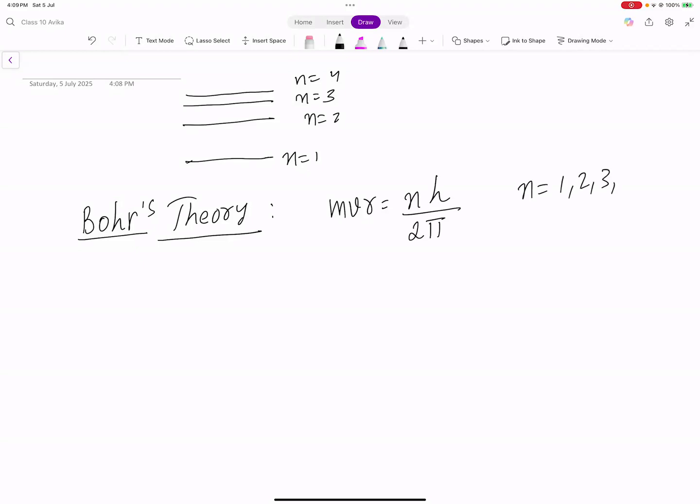It depends on the energy level. R is the radius, V is the velocity, and M is mass of electron. You have heard about angular momentum? Somewhat. Just this formula is there. So anyway, what we need to keep in mind is this.